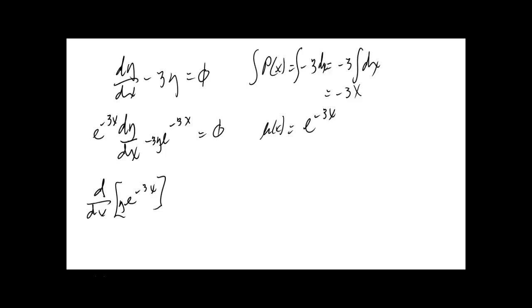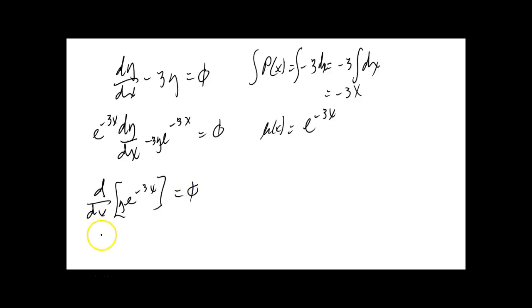The derivative of y is dy/dx times e to the minus 3x, plus, by the product rule, y times the derivative of e to the minus 3x, which is e to the minus 3x times the minus 3. And sure enough, that works. So this is the derivative of that, and that is equal to 0.